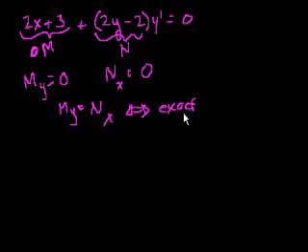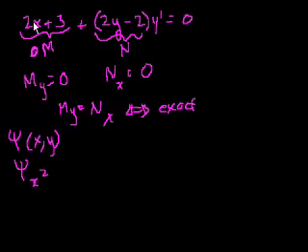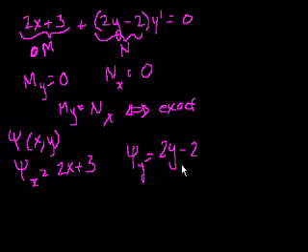Knowing that it's exact tells us that there's some function psi, a function of x and y, where the partial of psi with respect to x is equal to 2x plus 3, and the partial of psi with respect to y is equal to 2y minus 2.